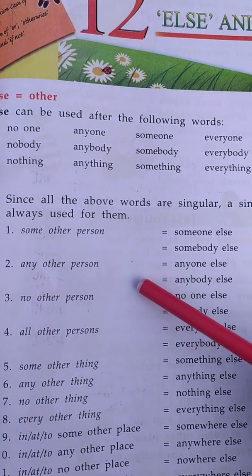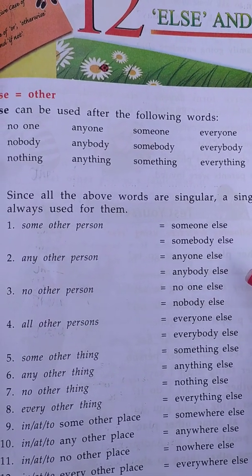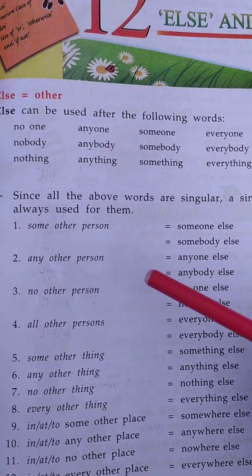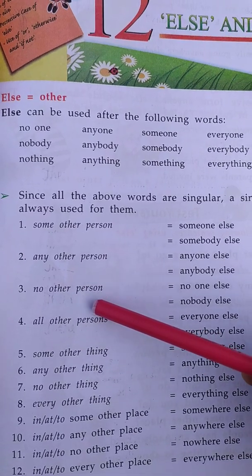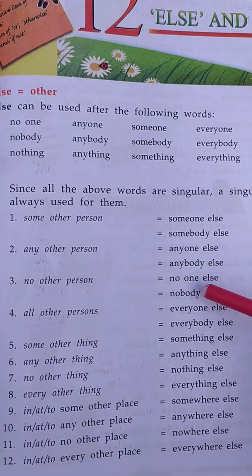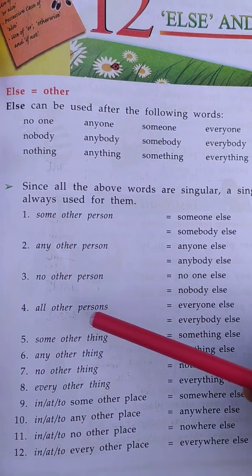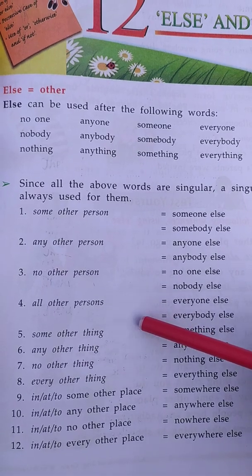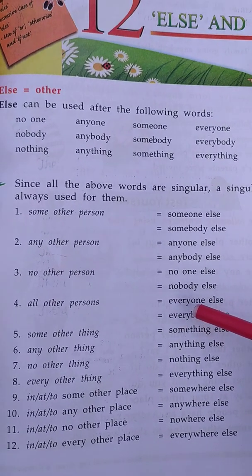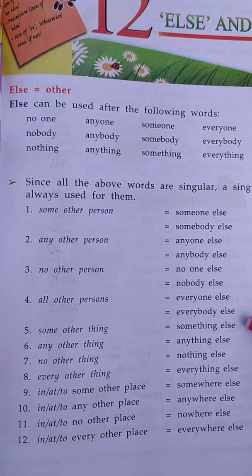We can tell this sentence like this: anyone else or anybody else. Number 3, no other person. We can tell this sentence no one else or nobody else. Number 4, all other persons. We can tell this sentence like this: everyone else or everybody else.